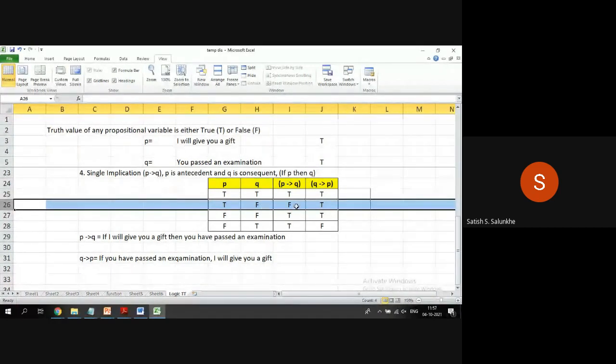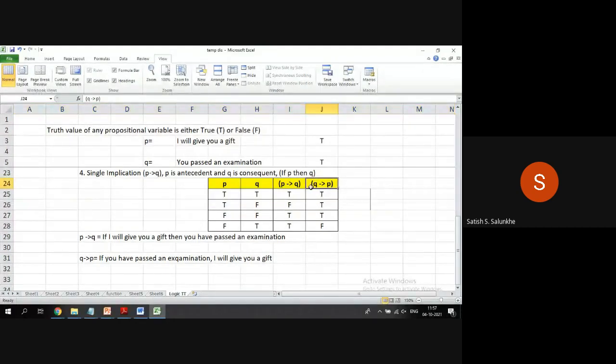That's why, what is the conclusion from this? That promise is nothing but Q implies P, or whatever, P implies Q. If the antecedent is true, that's a promise. If the antecedent is true and Q is not true, then and only then the truth value of the implication is false. Otherwise, it is not false.